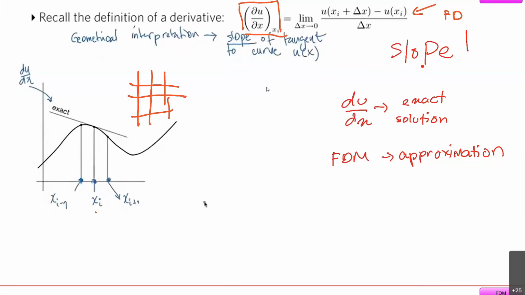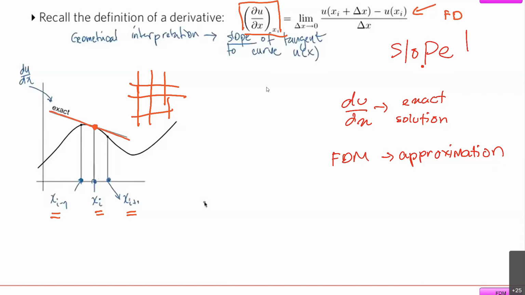So now let's say we have i over here in the middle, xi, and then we have xi plus 1 on the right side, and similarly i minus 1 on the left side. To approximate this particular point on the plot, if we have a straight line like this, we understand the slope is just du/dx.